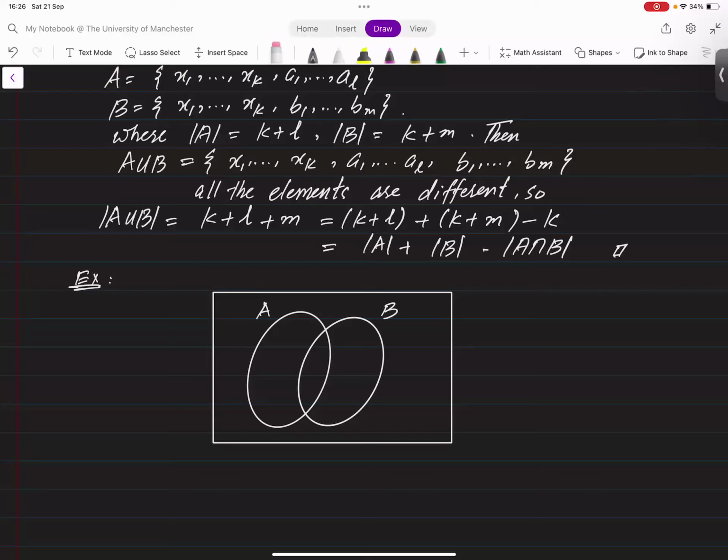So we can say that there are 19 here and 17 here, but 10 are doing both. So how many are outside?